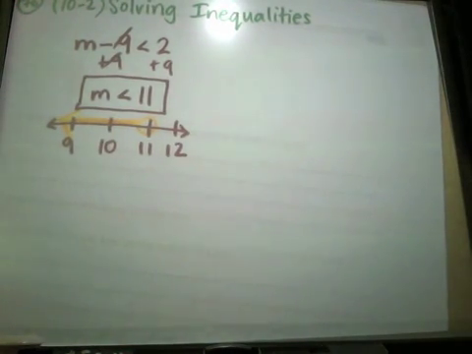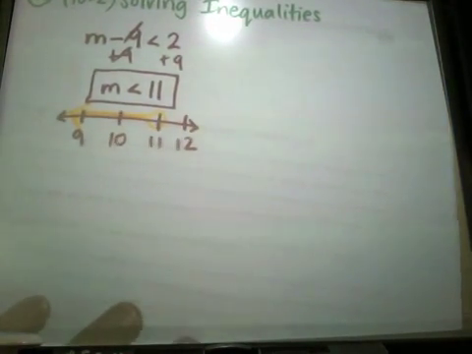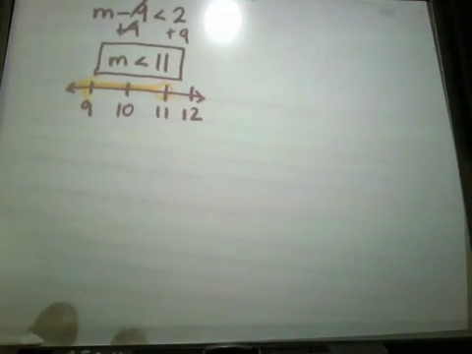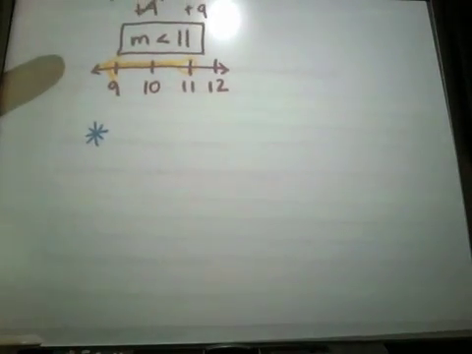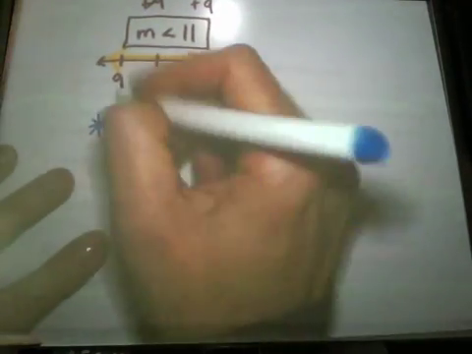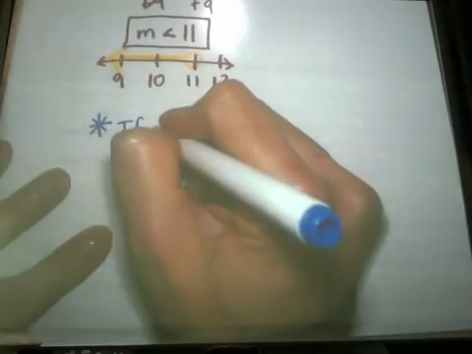Okay, now, there is one thing that's different. One thing that's different about solving inequalities from equations, not just the graph and the inequality sign, but the main thing that you need to pay attention to.